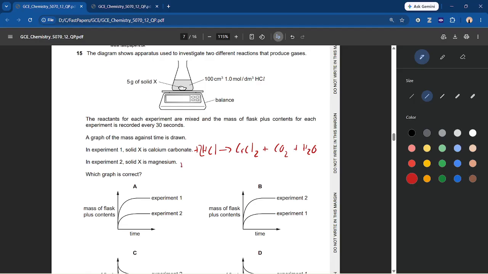And over here, when you add 2HCl, you're going to get MgCl2 plus hydrogen. So in experiment 1, you're producing carbon dioxide. Experiment 2, you're producing hydrogen.